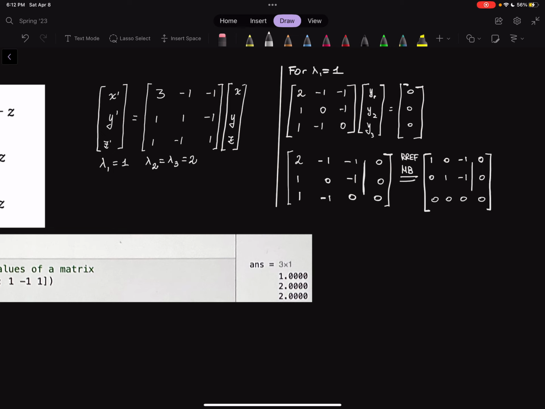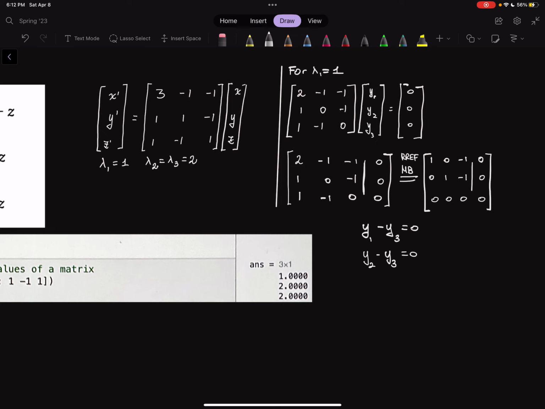Okay, so now I can plug back in, just remembering the order of the variables. If I do that, I'm going to get y1 plus 0y2 minus y3 equals 0, and y2 minus y3 equals 0.